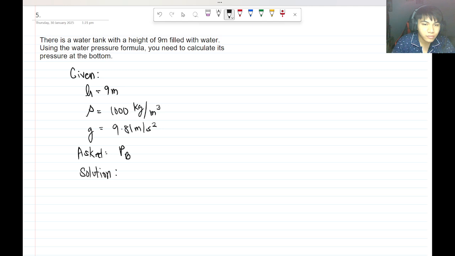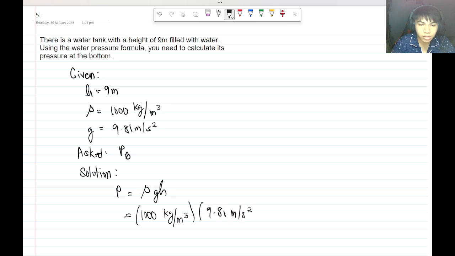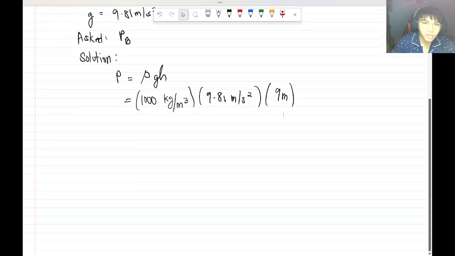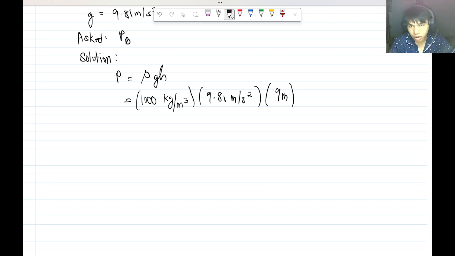Writing our solution, we know that pressure is equal to rho g h. And this, we just substitute. Is 1000 kilograms per cubic meter times 9.81 meters per second squared. And the height, 9 meters. And I guess what would cancel here is we'll just cancel each other out.